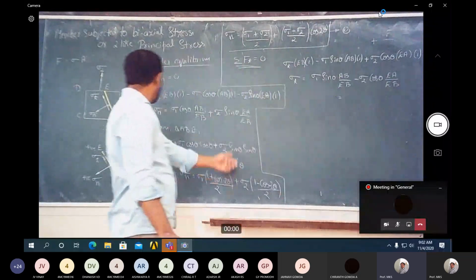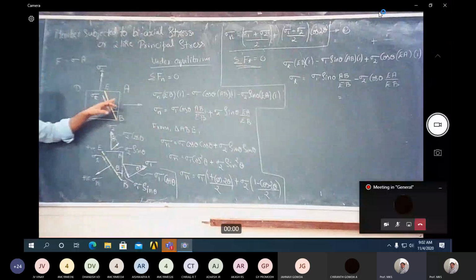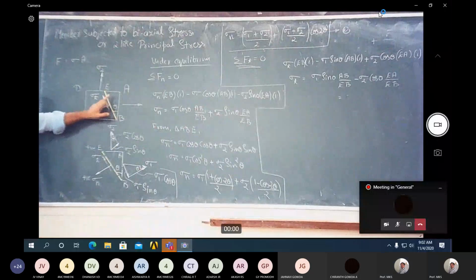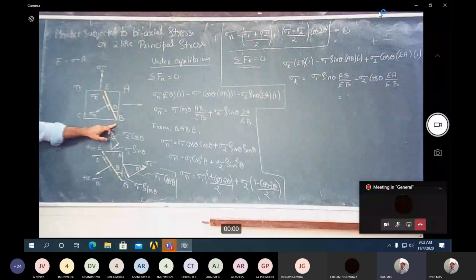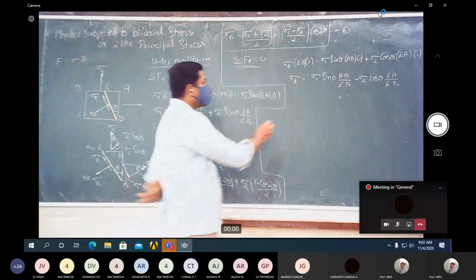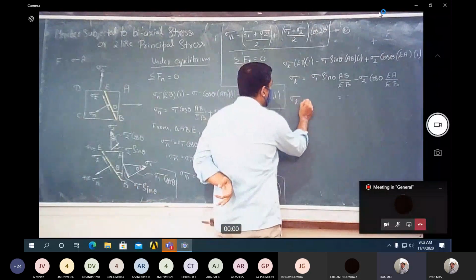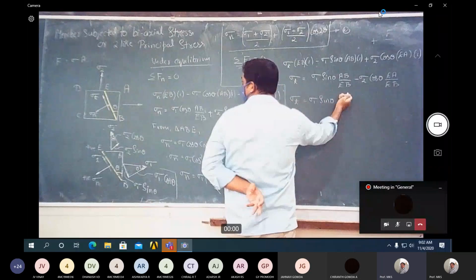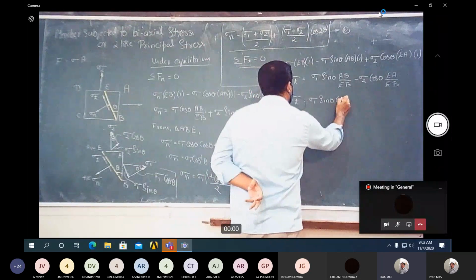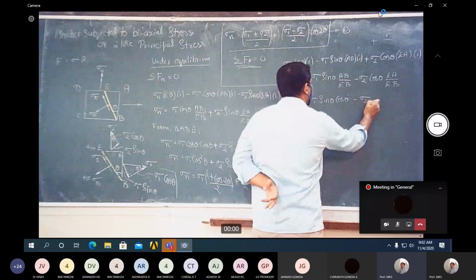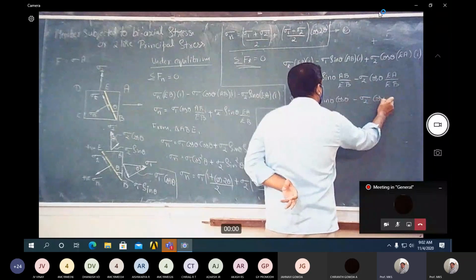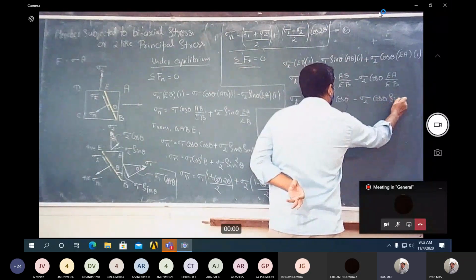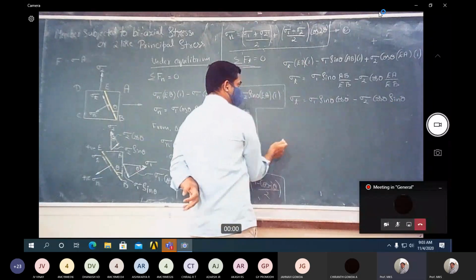Now from the triangle, AB by EB is cos theta, EA by EB is sin theta. So sigma t will be equal to sigma 1 sin theta cos theta minus sigma 2 cos theta sin theta, right?